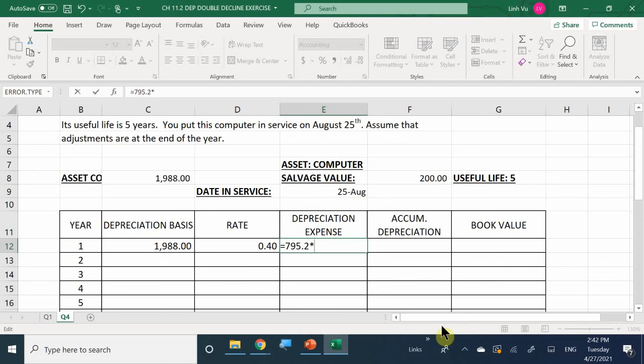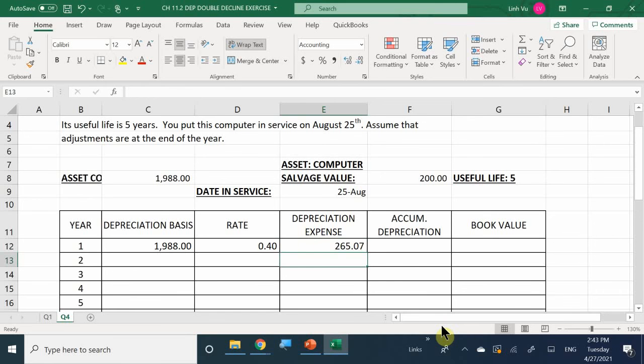How old is my asset? 4 months old. Make that fraction, 4 out of 12. You'd produce the same exact answer.